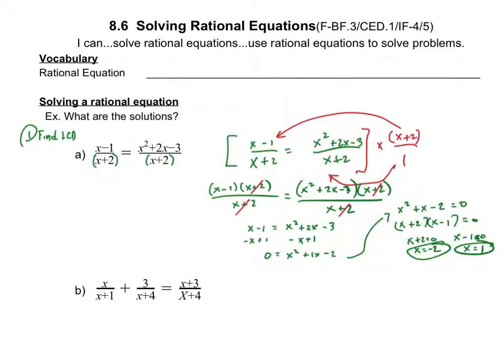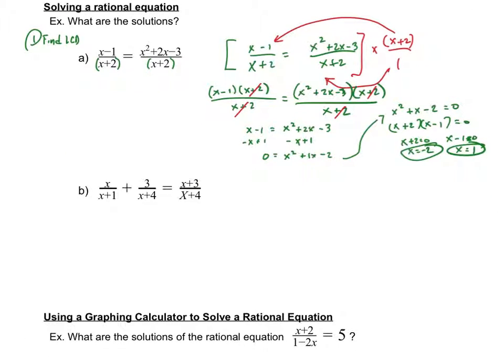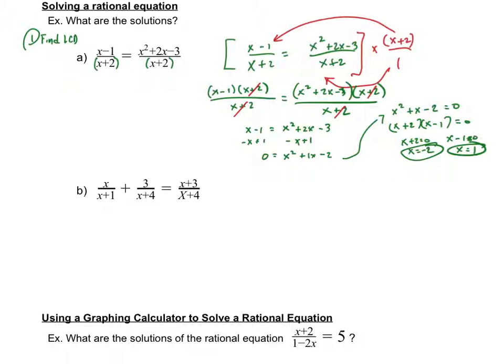And this next one, I guess I should probably fill in the blanks here. We found the least common denominator, then we multiplied both sides by that least common denominator, and that again clears the denominator.